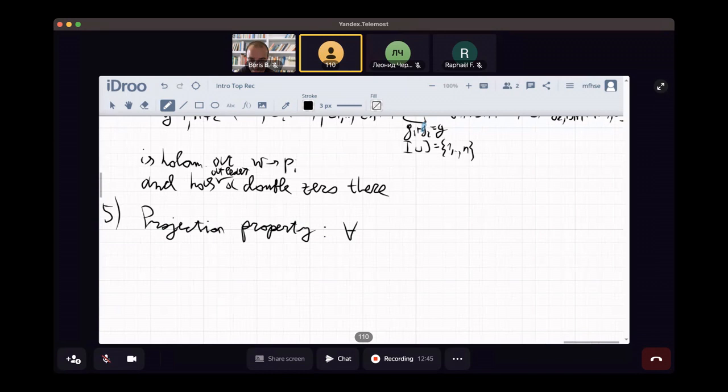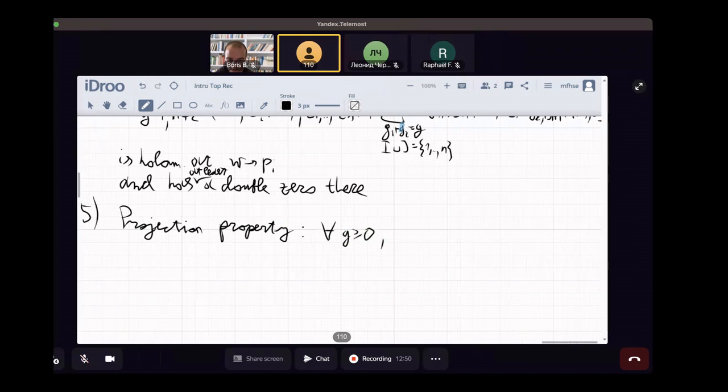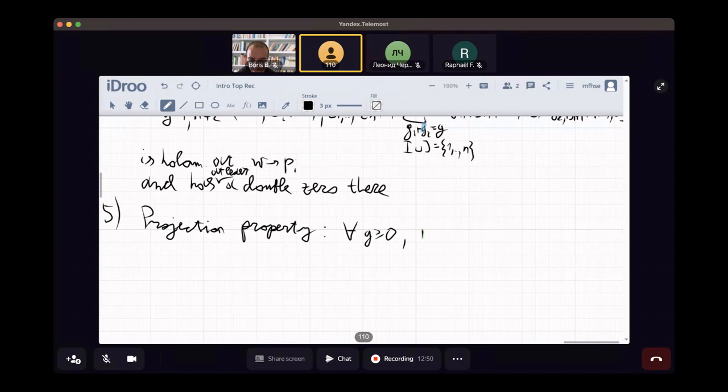So for all stable cases, g greater or equal than 0 and n greater or equal than 1, such that 2g minus 2 plus n is greater than 0, we should have the following.